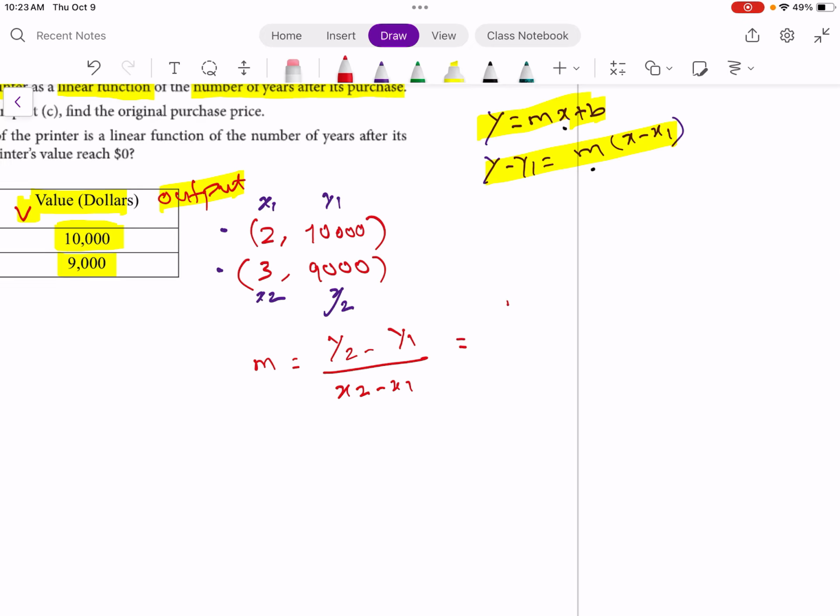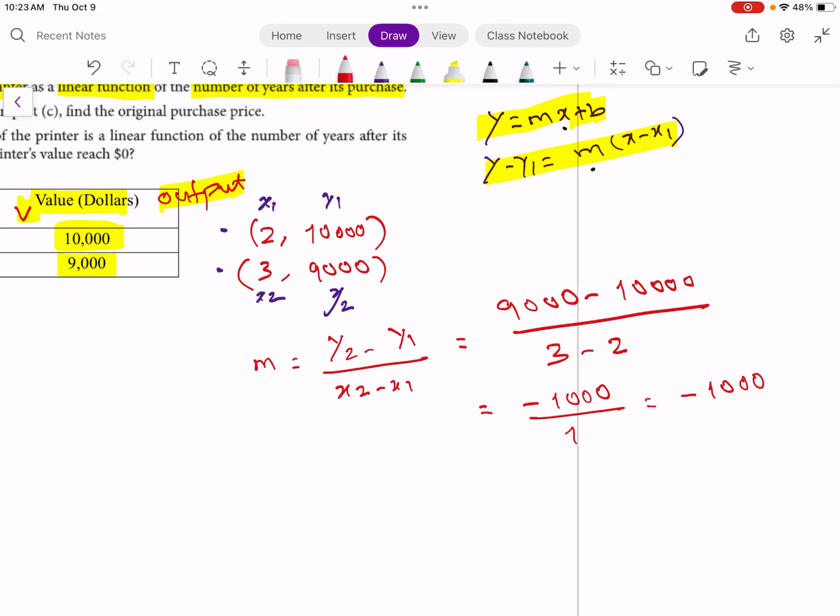Our y2 is 9,000 minus 10,000, divided by x2 is 3 minus x1 is 2. So 9,000 minus 10,000 is negative 1,000, divided by 1, and our slope is negative 1,000.